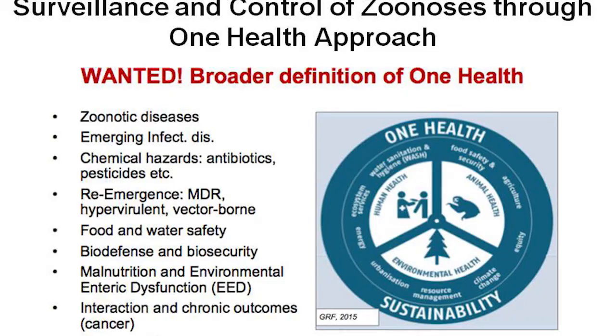But data are fragmented, and our control strategies are very fragmented. We need to work together, including not only the medical and veterinary aspects but also environmentalists, in a One Health approach. So we need to use a broader definition of One Health and global One Health.